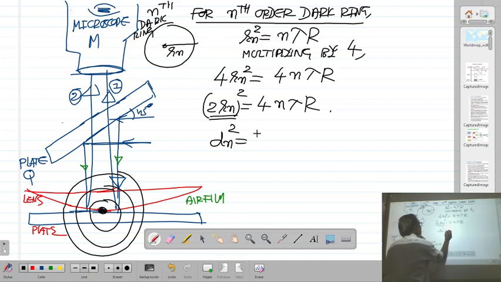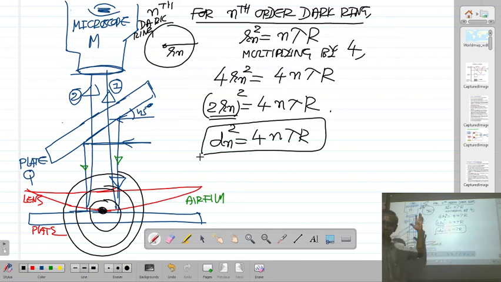So D_n squared is equal to 4n lambda R. This equation gives the diameter of the nth order dark ring.